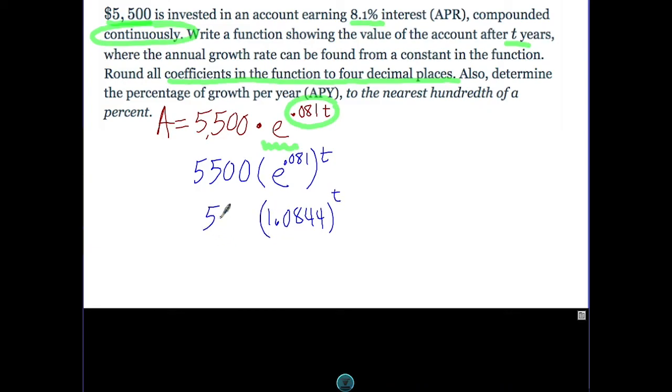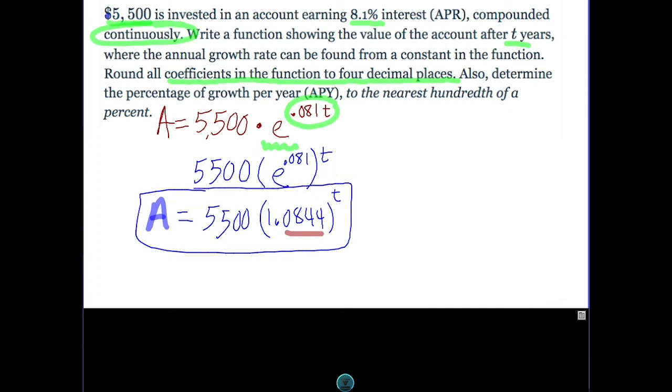Okay, now that I have computed that on my calculator, I want it to 4 decimal places. That's right here, 4 decimal places. That allows me to see that this is a growth situation. I've isolated the exponent so that this is a yearly problem. First step is I'm going to write, this is my function or my formula.